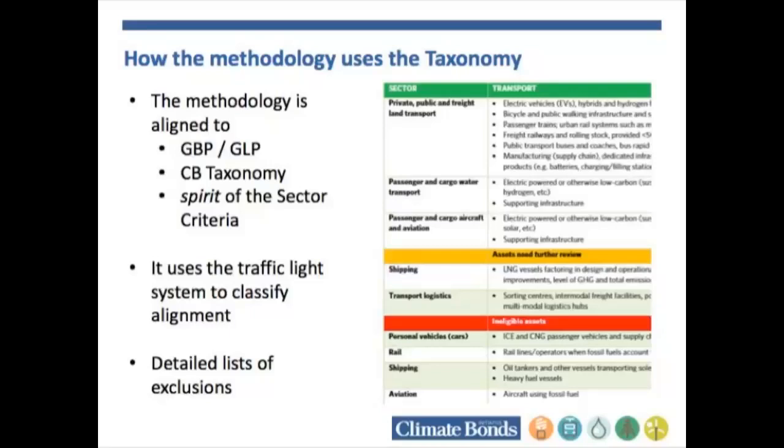Anything that appears in a green section is an asset or project that we consider to be aligned to the taxonomy and would include in our database. Anything that appears in a red section we would consider to be excluded, so not aligned to our taxonomy, and we would not include in the green bond database.